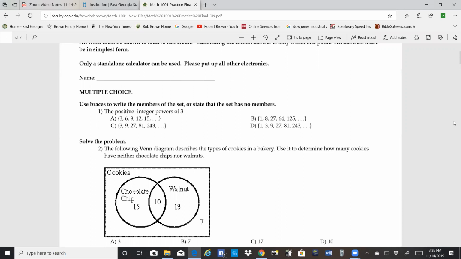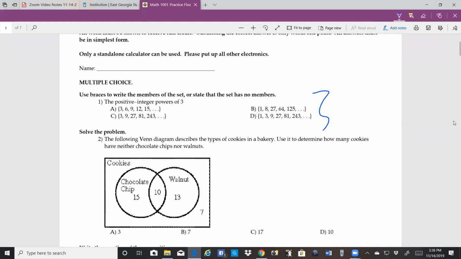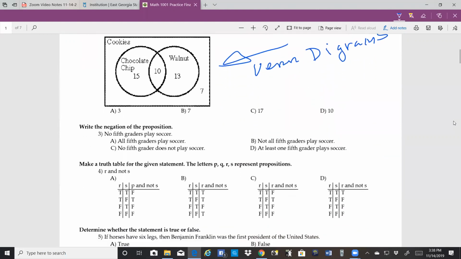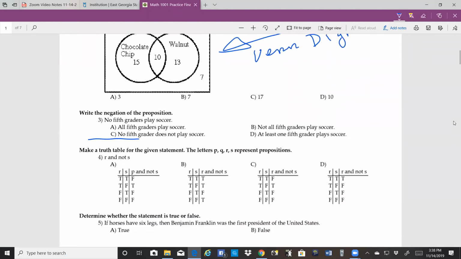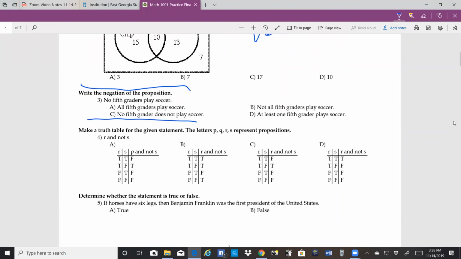We're going to be looking at sets. We're going to look at Venn diagrams. All of this is new stuff. You'll be looking at propositions and how to negate a particular proposition. I think you'll find this pretty simple.